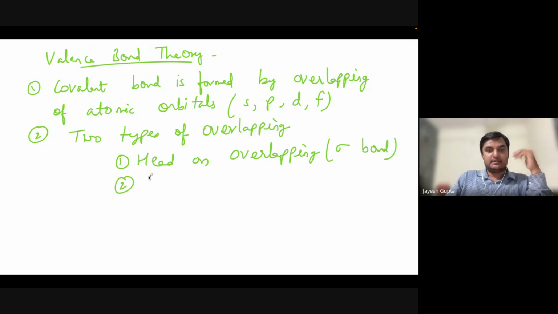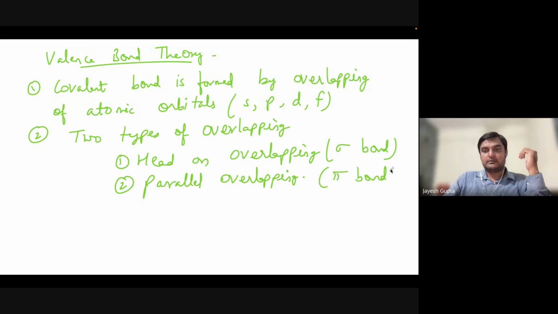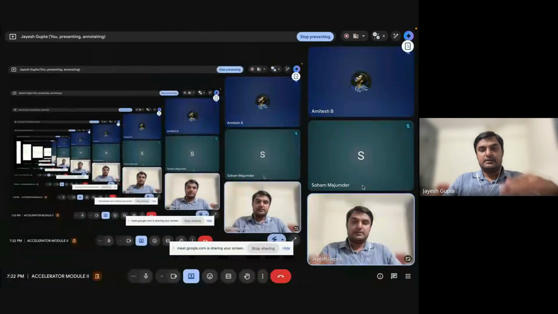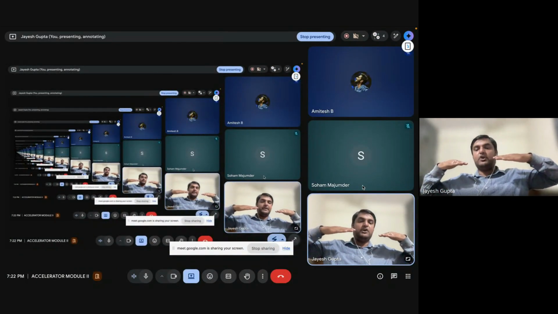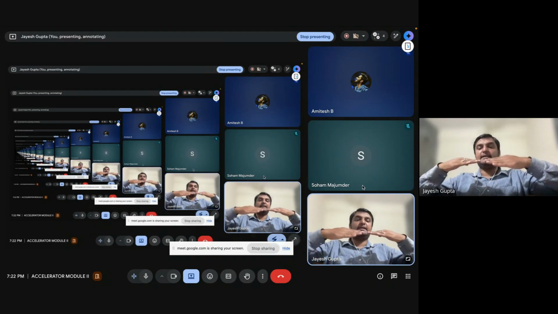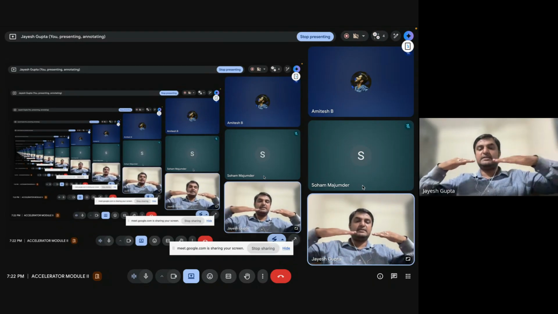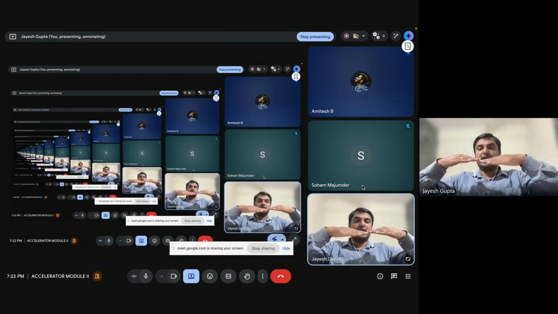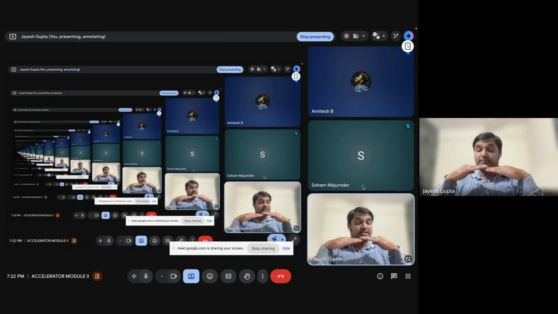The second one is parallel overlapping, that is pi bond. What I mean by head-on is that a p orbital is dumbbell shaped, and they are merging and overlapping like this. One dumbbell is this, one dumbbell is this. So head-on overlapping will result in a sigma bond.